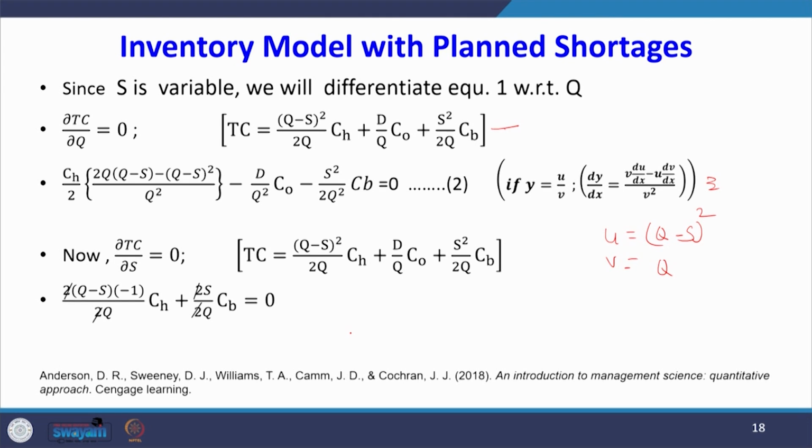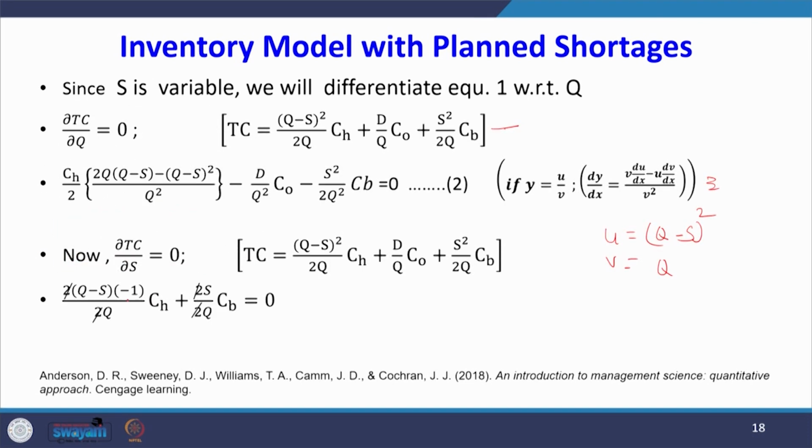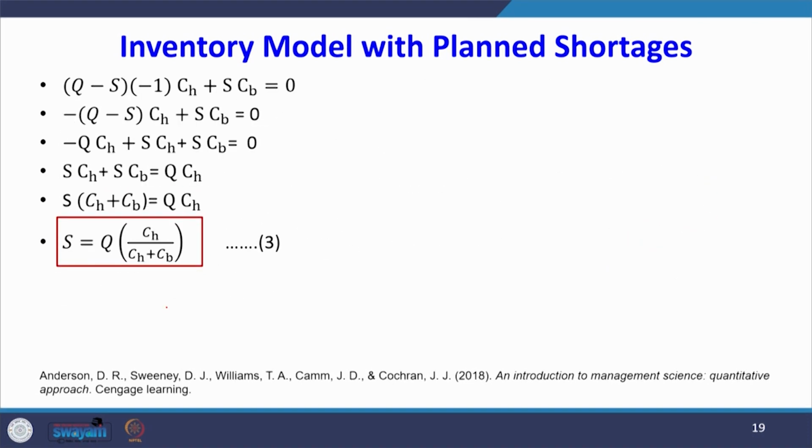When we further simplify, Q minus S, minus 1, CH plus S CB equal to 0. Further simplifying, minus Q minus S CH plus S CB equal to 0, which is minus Q CH plus S CH plus S CB.